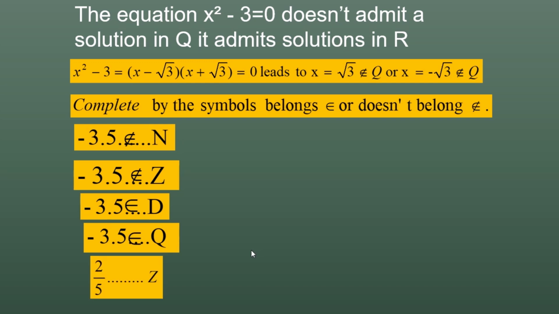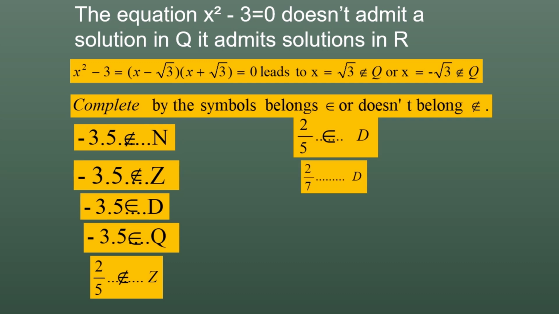2 over 5, is it in Z? No. 2 over 5, which is equal to 0.4, doesn't belong to Z. It belongs to D. 2 over 7, is it in D?